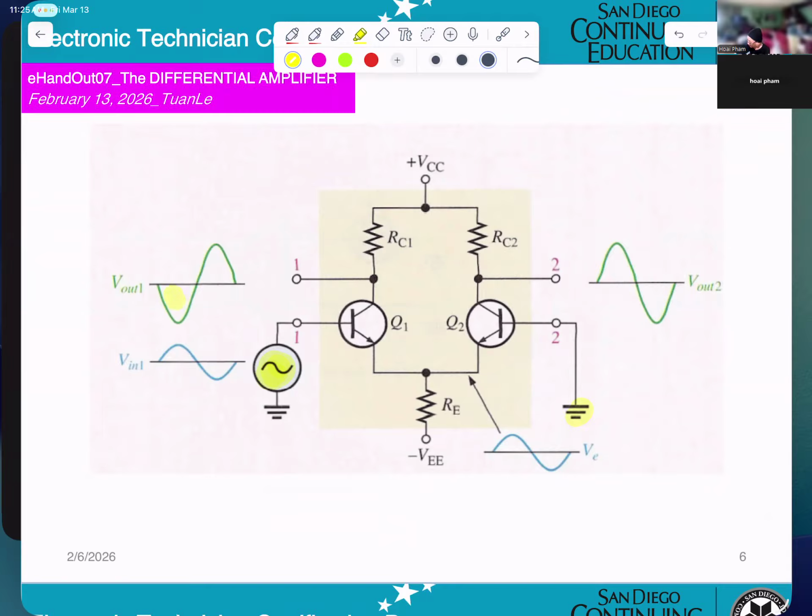It will be opposite with the input signal. And Q2 now, you see the signal coming to the meter, and Q2 will be a common base. And the output will be in phase with the input.